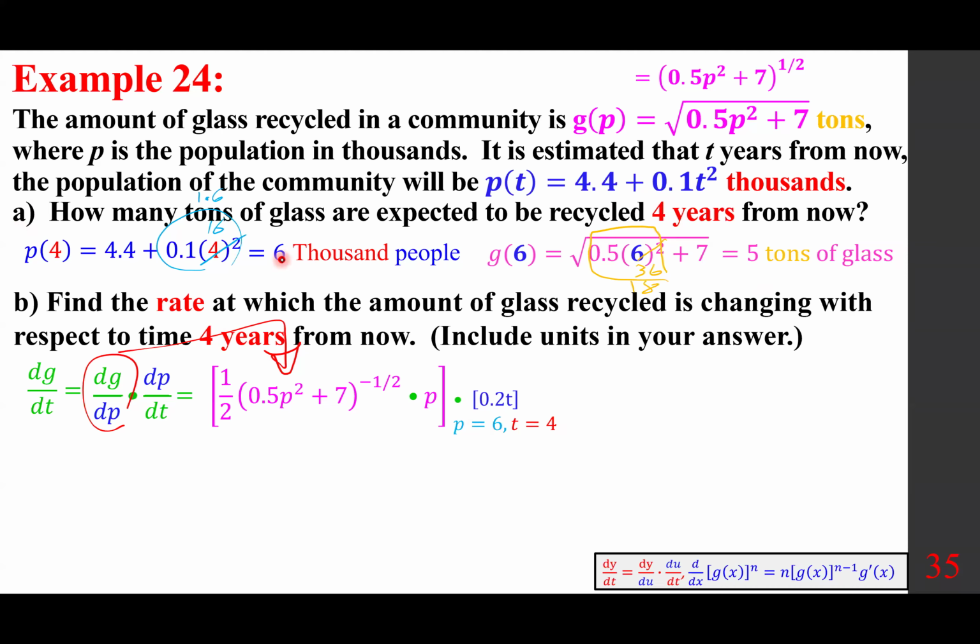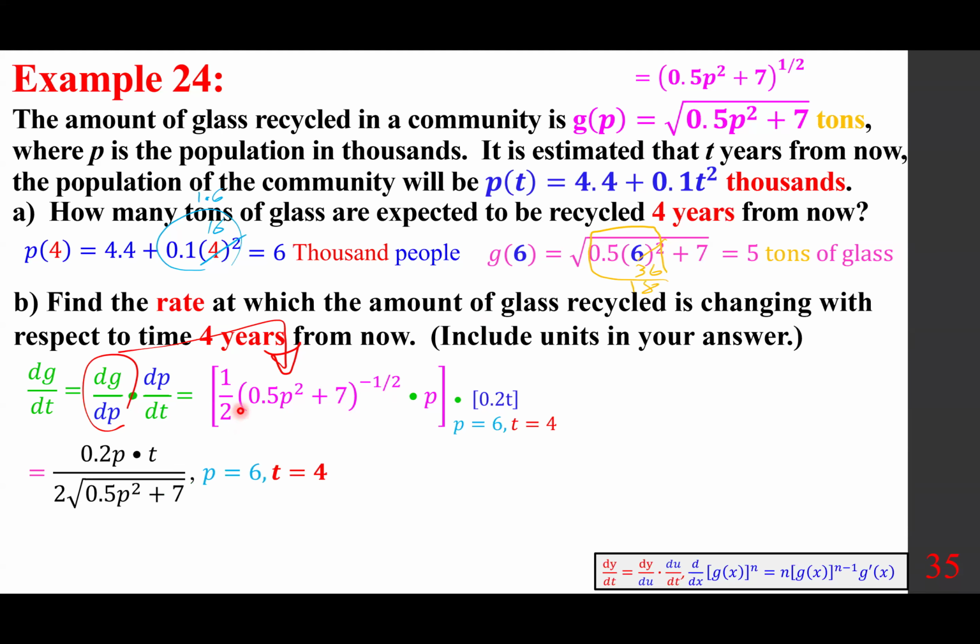Before we plug in, let's simplify the whole thing. 1 is at top, p is at top, 0.2t is at top. So 1 times p times 0.2 times t. This one, if you take it down, becomes a positive 1/2 and takes the square root form.